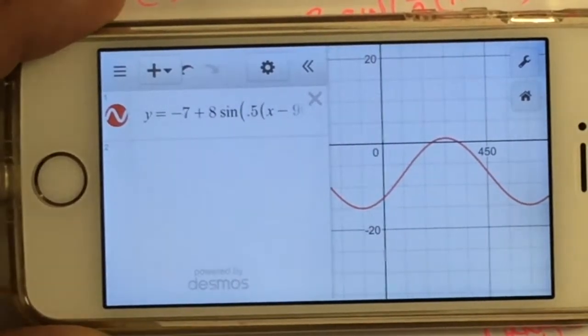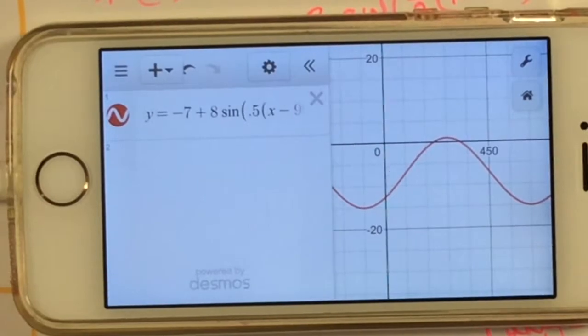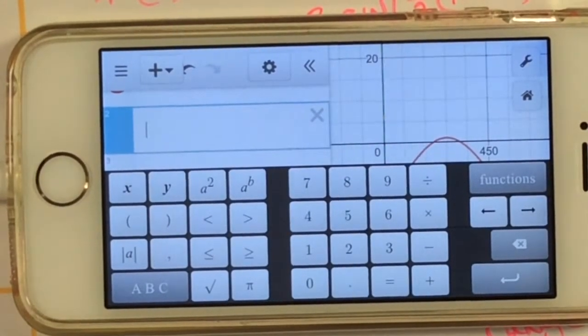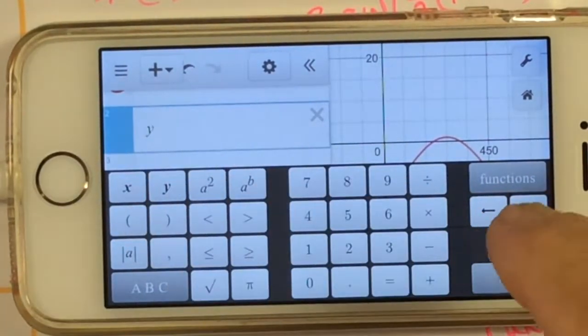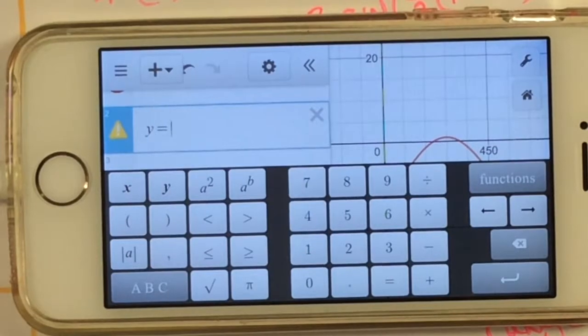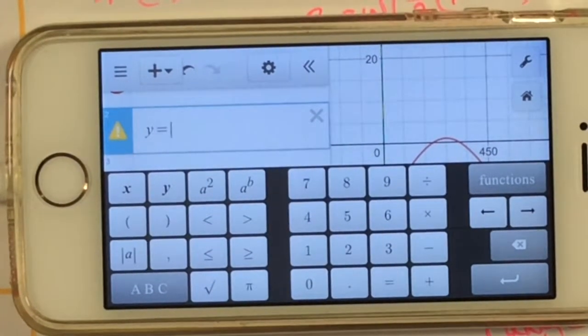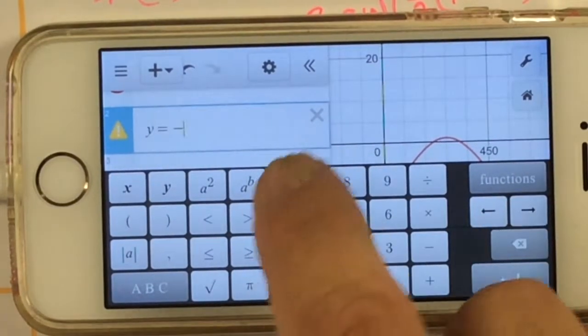Can you rewrite this as a cosine equation? What would you do? Anybody do it? What should it be? Well, let's find out. Let's do it this way. Did the midline change? No, midline wouldn't change, right? So that was -7.